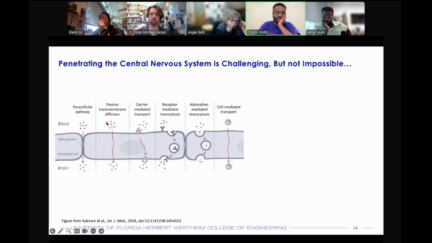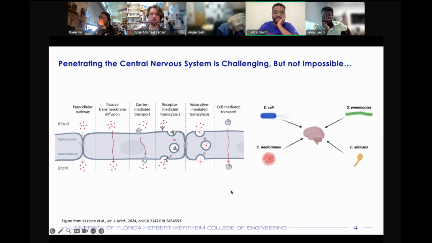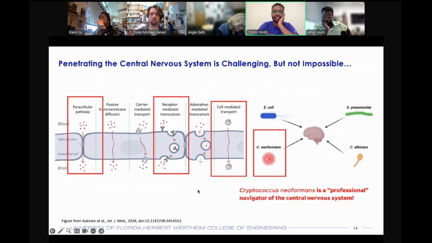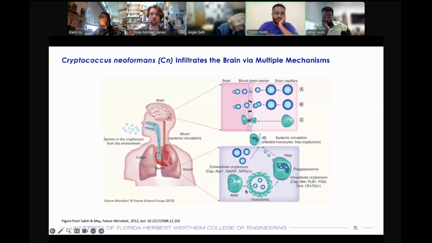There are a number of different strategies that a lot of molecules or even pathogens have been able to execute. We know C. neoformans is sort of professional at navigating the central nervous system, in that it can execute 3 distinct mechanisms.